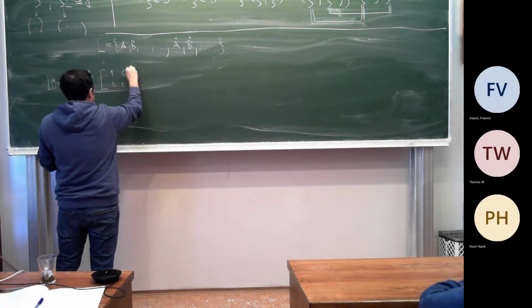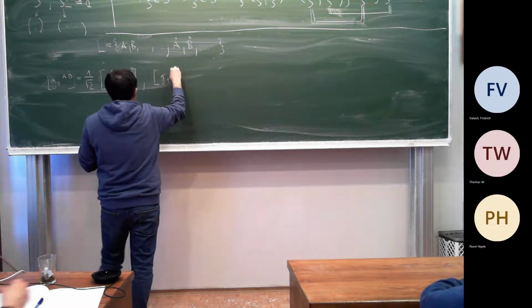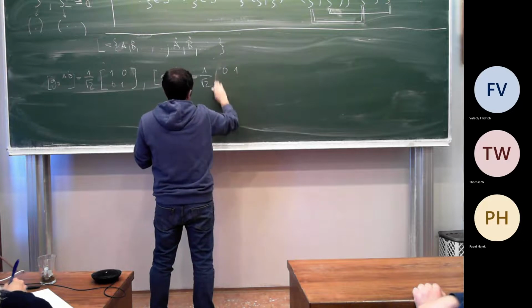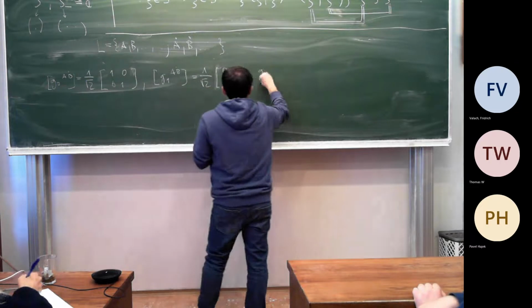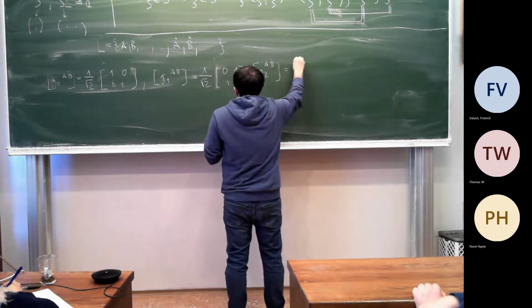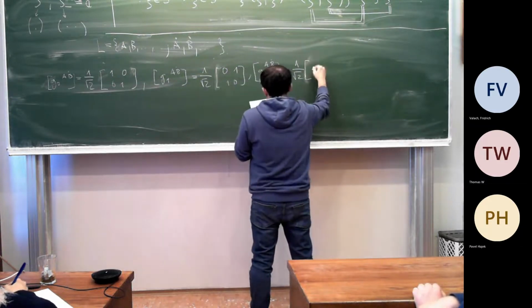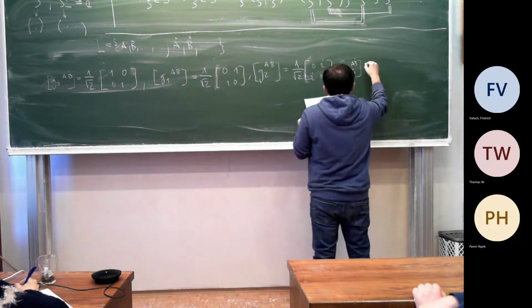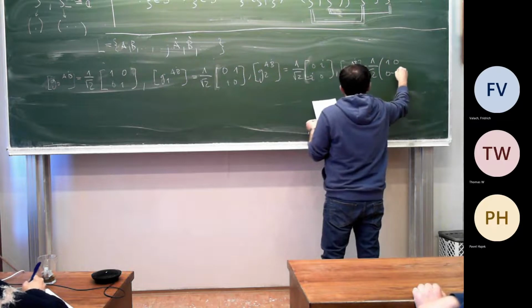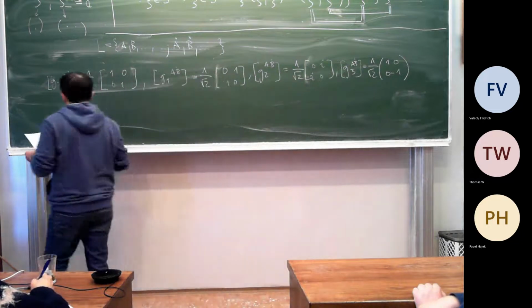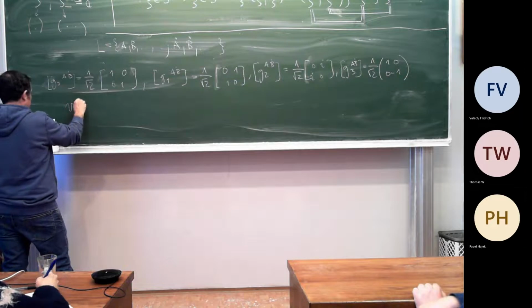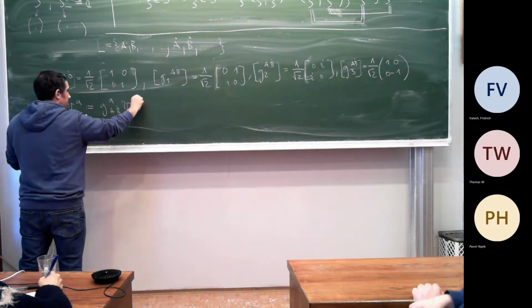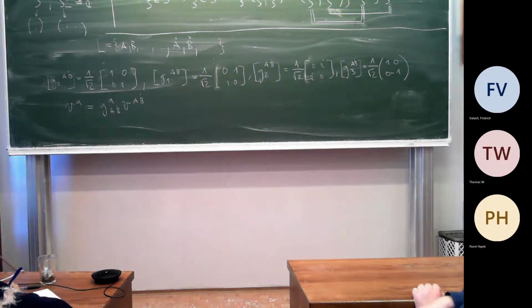So I will recall the definitions. So we define some matrices, and now we define any dotted, undotted bispinor.